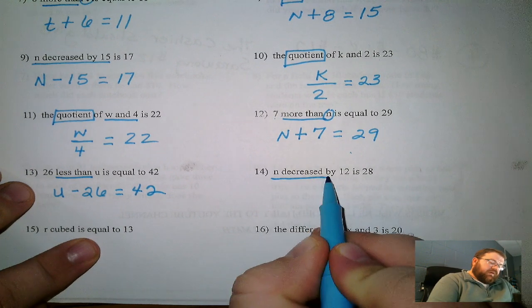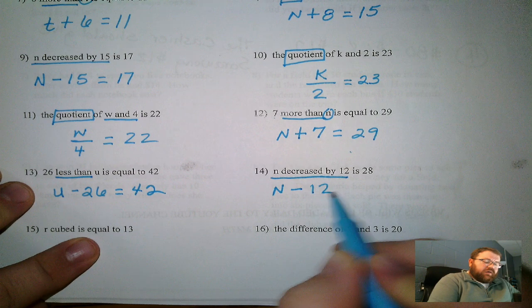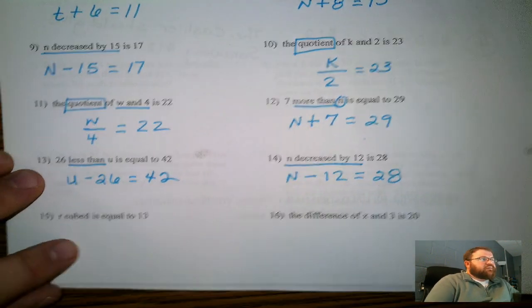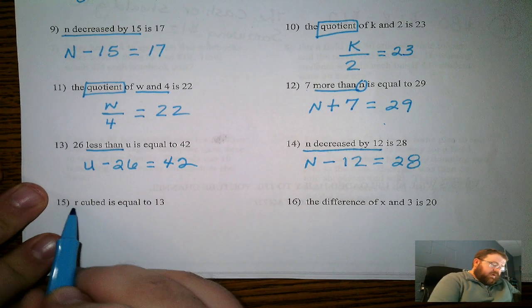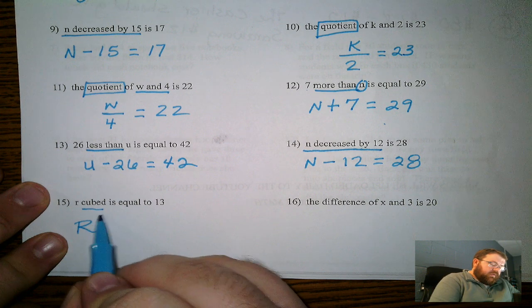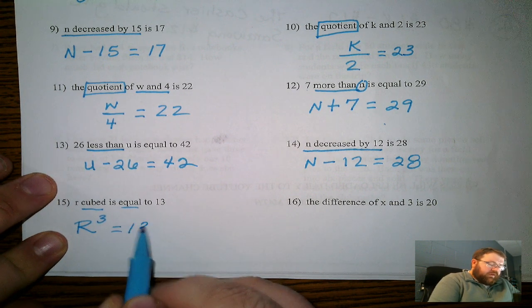14, n decreased by 12. So n decreased means subtract by 12 is, means equal. Solve that for n. r cubed is equal to 13.